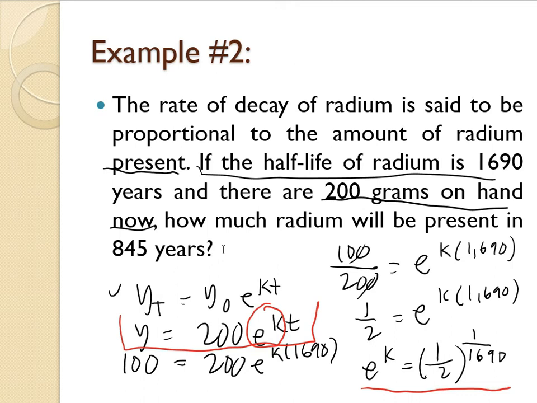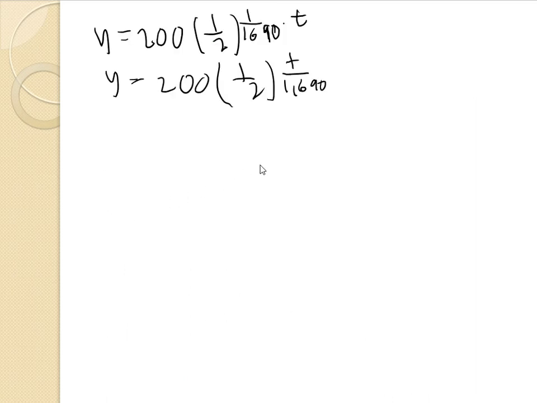Okay, we solve y by substituting t equals 845, because the question is, how much radium will be present in 845 years? So we substitute that for t. Becomes y equals 200 times 1 half raised to 845 over 1690.